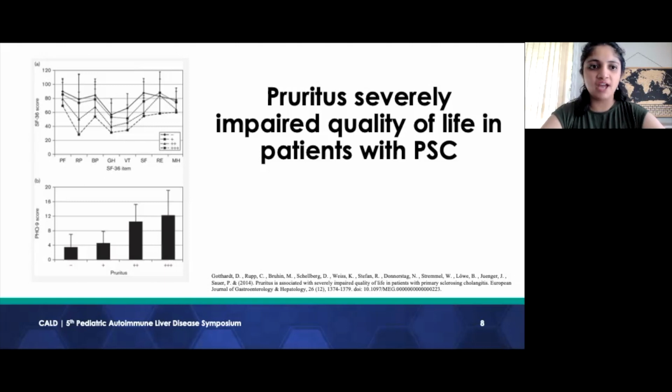Graph A shows the SF-36 scores, where different parameters are physical functioning, physical health, bodily pain, social functioning, emotional and role functioning, and overall mental health. The negative sign indicates absence of pruritus, and the more positive signs, the more severe the pruritus. And as you can see, it was compellingly impairing the quality of life in patients with PSC.